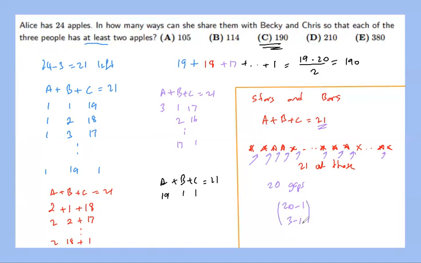So you just need to choose 2 spots for those dividers among 20 gaps. I think this was 21 stars, so 21 minus 1, that is 20 gaps. So that will be 20 choose 2. And if you remember, 20 choose 2 is the same as 20 times 19 over 2, so that will be 10 times 19, which is 190.